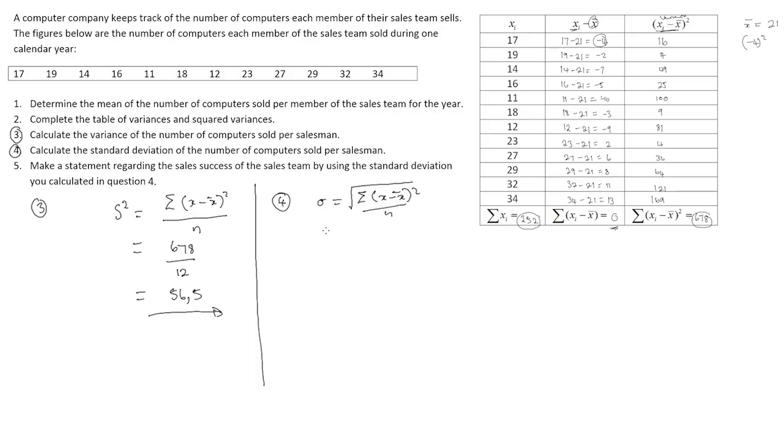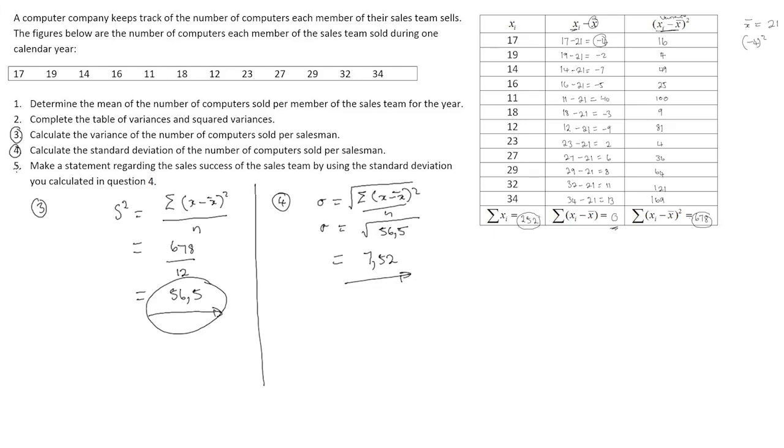So when we substitute, this is the same as the answer that we've got here. So that we are going to plug in here. So that would be the square root of 56.5. Once we are done with that, we quickly calculate, and your final answer for that will be 7.52. And this is our standard deviation, and it will satisfy question 4.